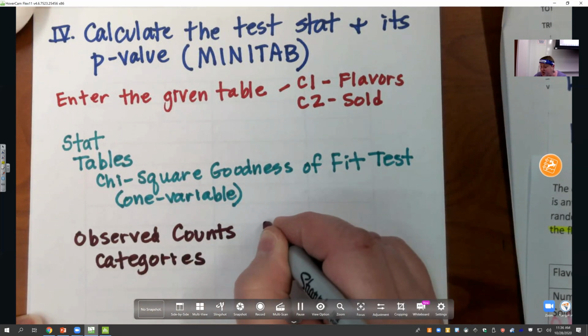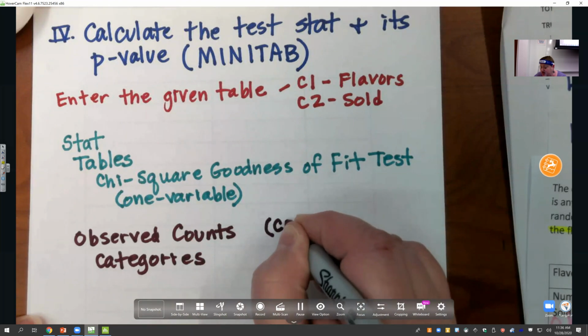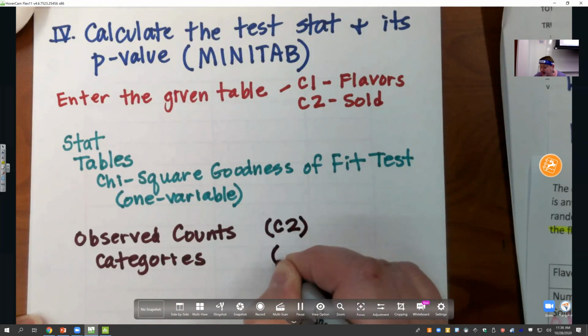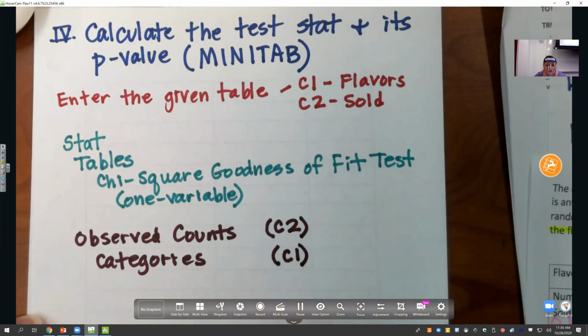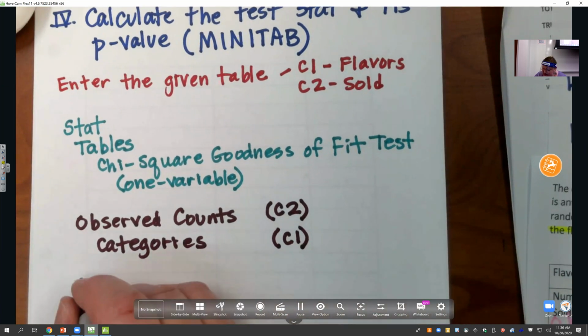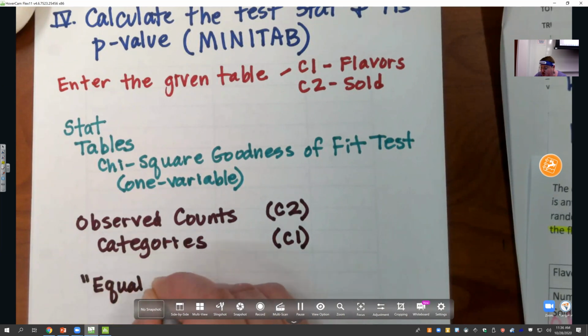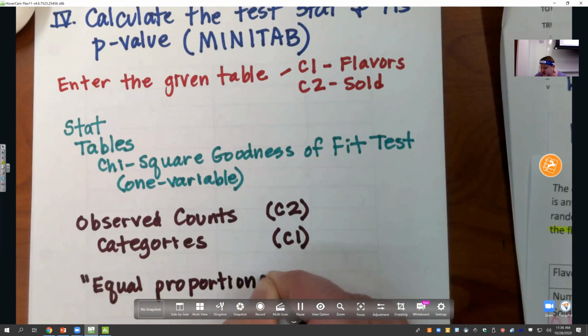So for us, we put our observed counts in column 2. My categories are in column 1. I then have to choose whether I have equal proportions or different or historical proportions.